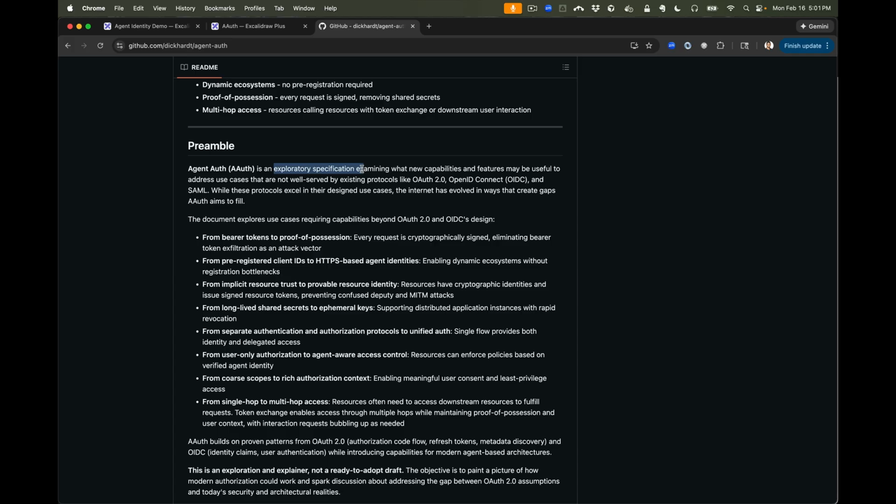So a number of these patterns which are proving to be necessary for agent identity and access management.